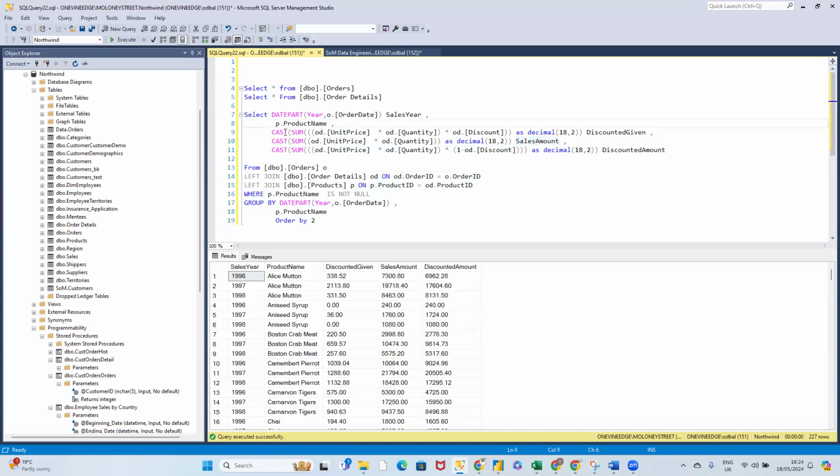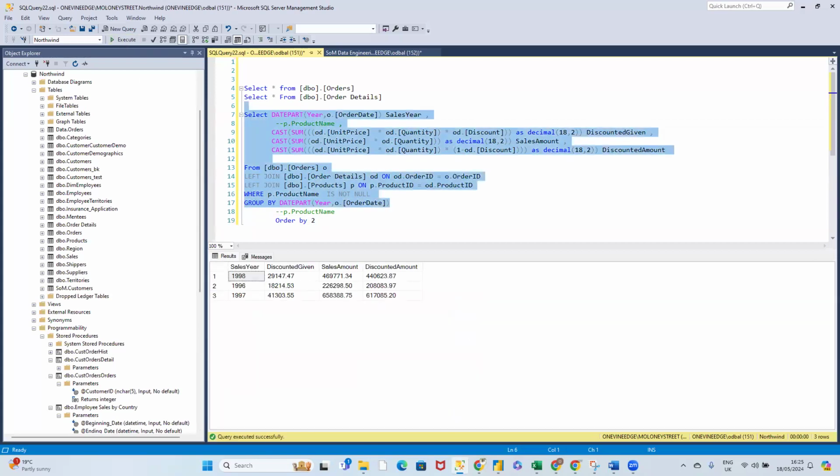So for that, I just take this out, right? And when I'm running that, take that out, and then I didn't even need the order by anymore. Okay, and that's it. That's the total sales by year.